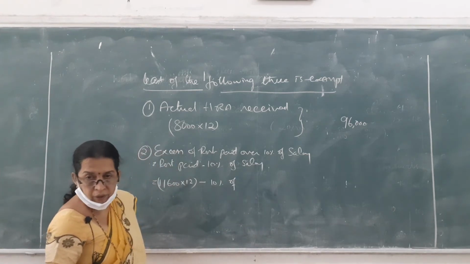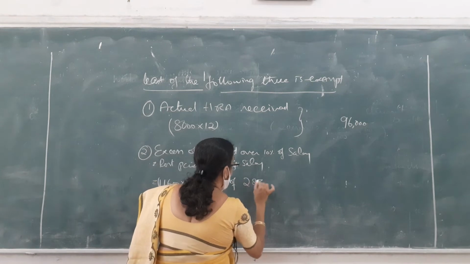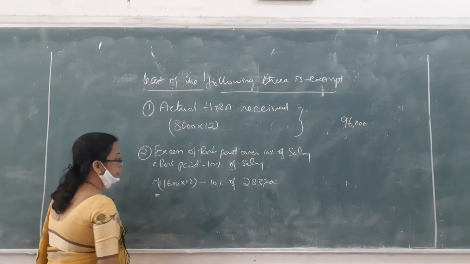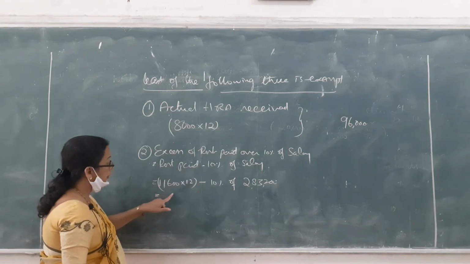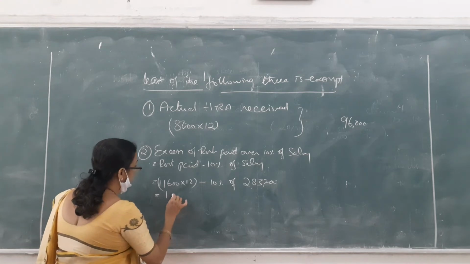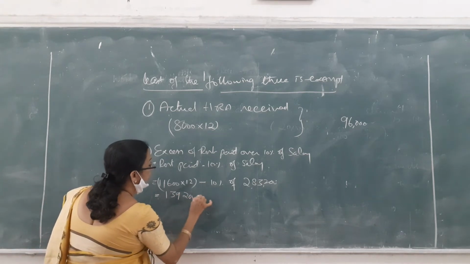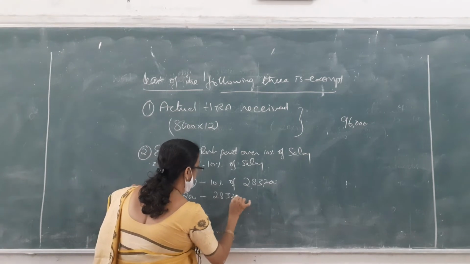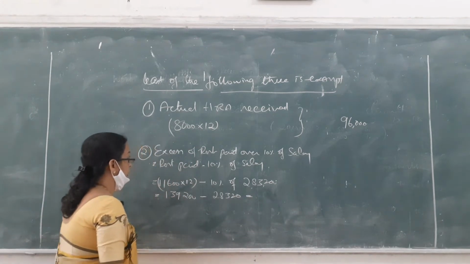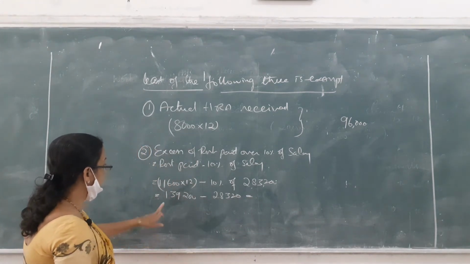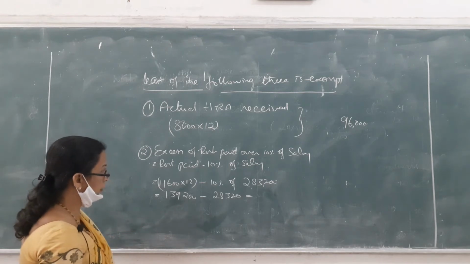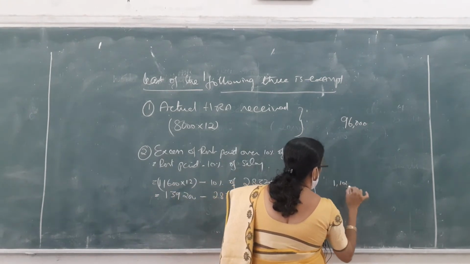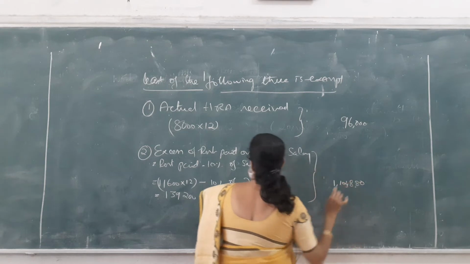10% of the salary calculated there: 2,83,200, means 10% is 28,320.